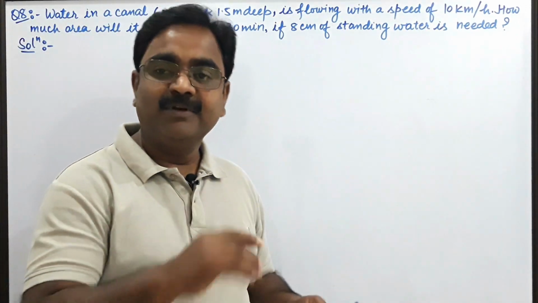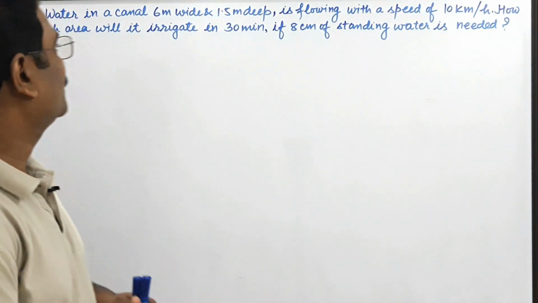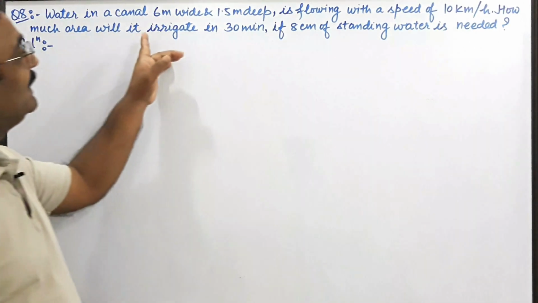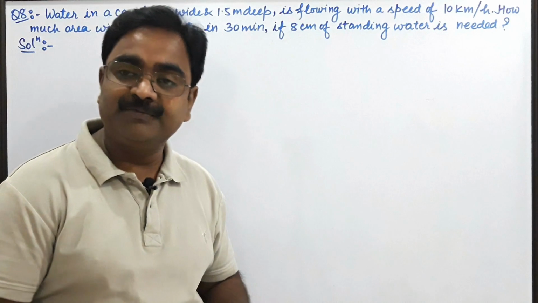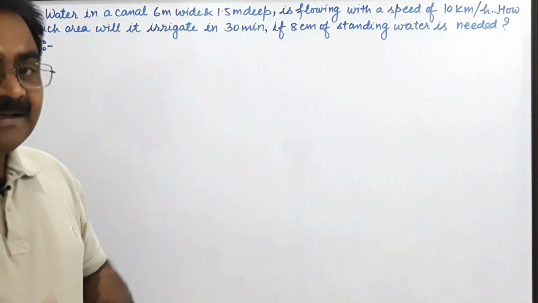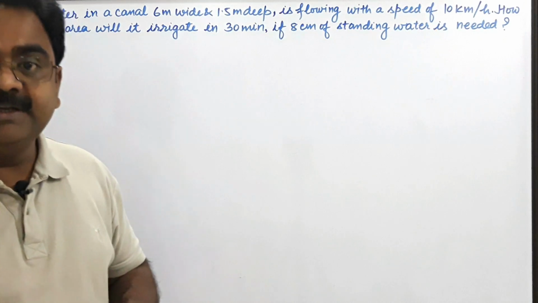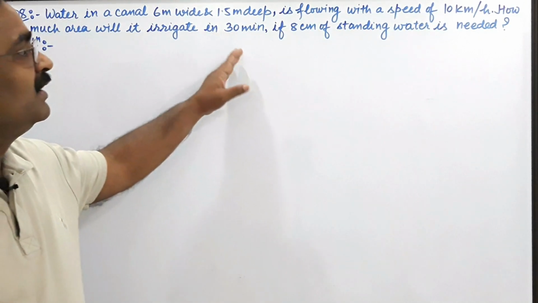The water is traveling 10 km in 1 hour. Then the question is asking how much area will it irrigate in 30 minutes. Means if the water of this canal is taken in the field, then how much area will it irrigate in 30 minutes? Means in half an hour.